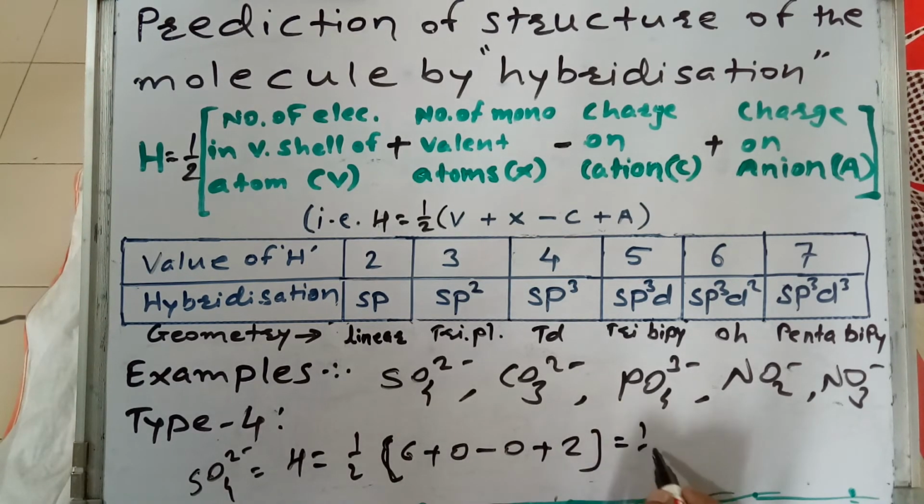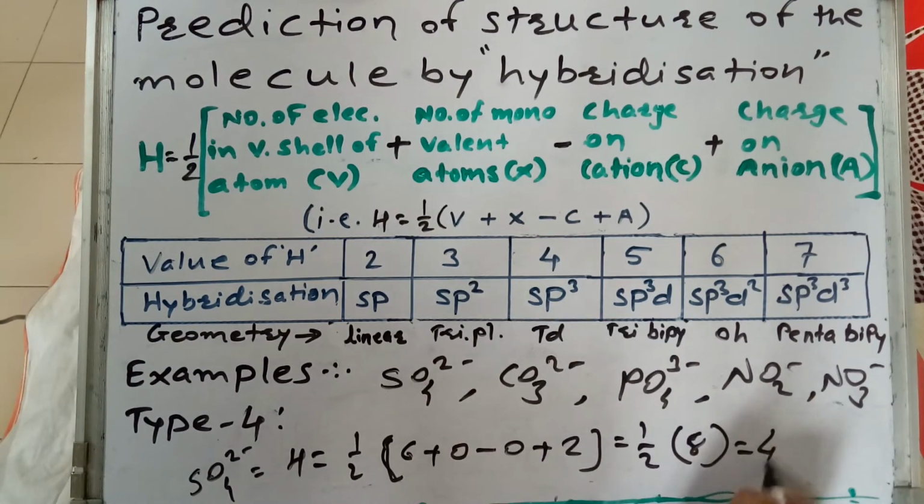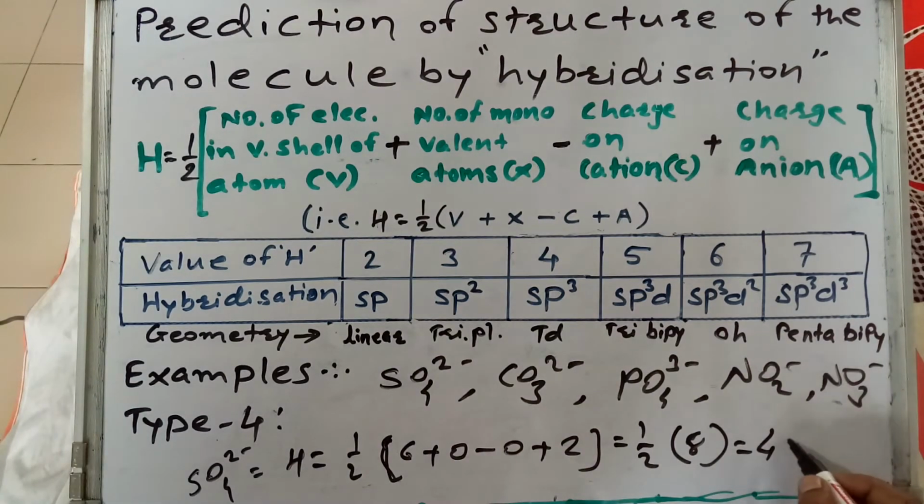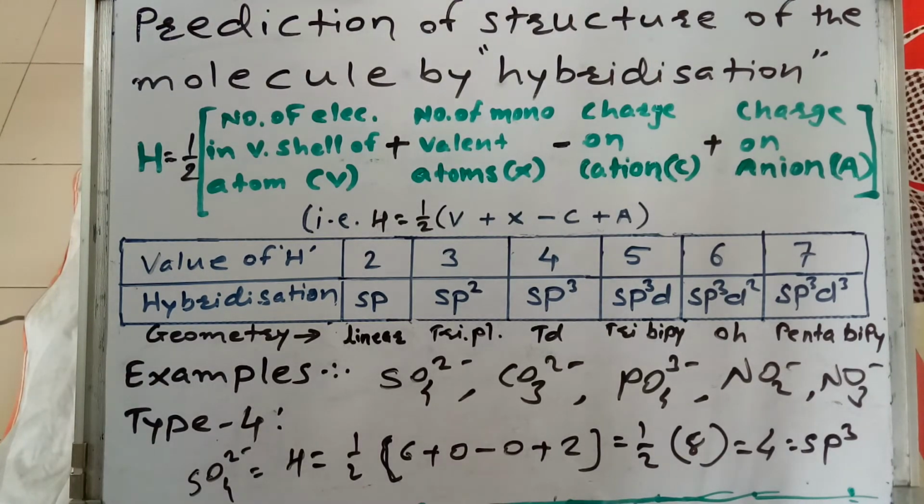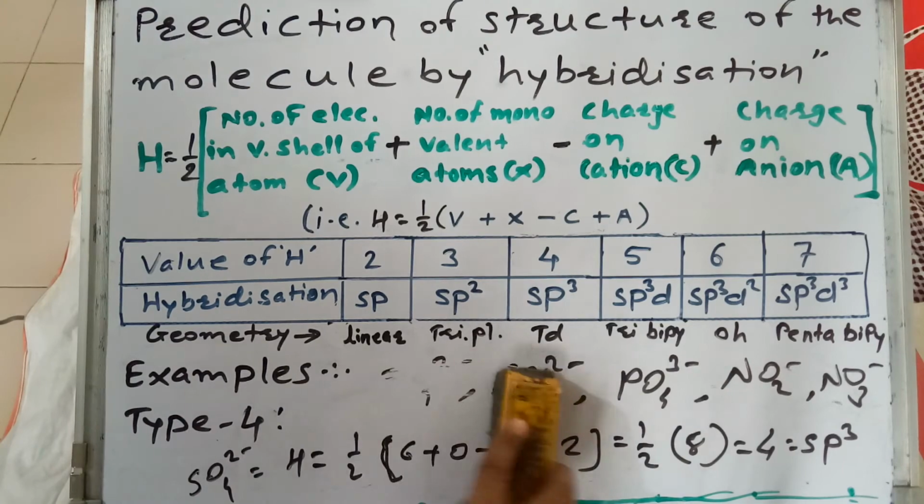So half of 6 plus 2, 8, it comes 4. So the hybridization of this is sp3 and the geometry is tetrahedral. So in this way we can find out the hybridization of the rest of these different molecules.